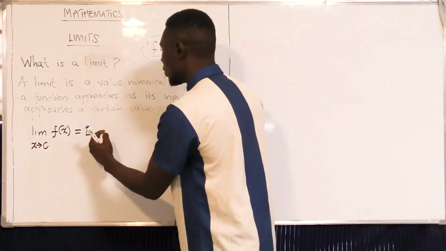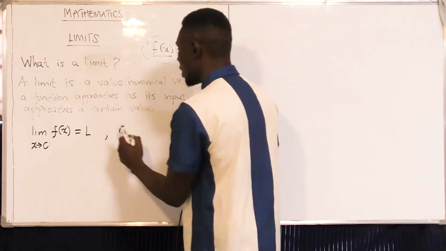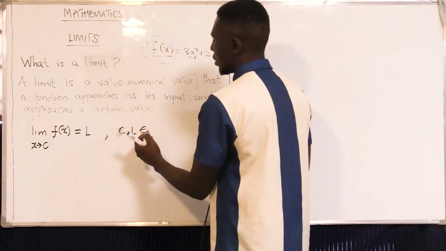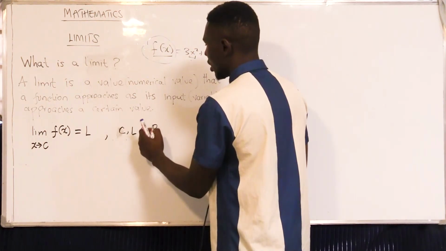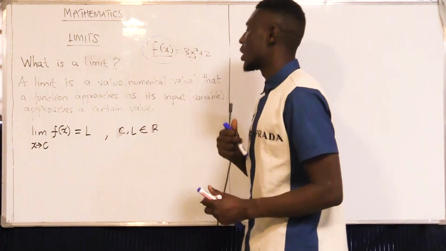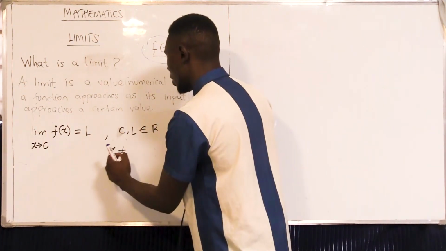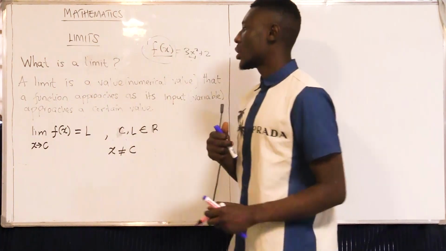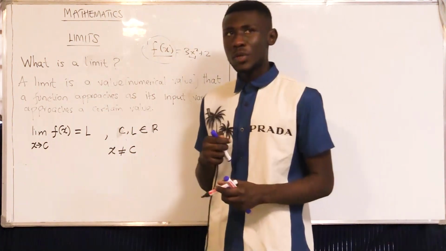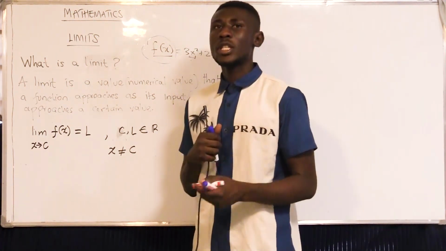You need to understand that both c and L are real numbers, in most instances, looking at basic mathematics. And x cannot be equal to c. So this is a limit, which is a value that a function approaches as its input, which is a variable, goes close to a certain number.